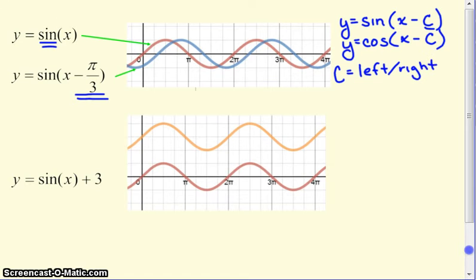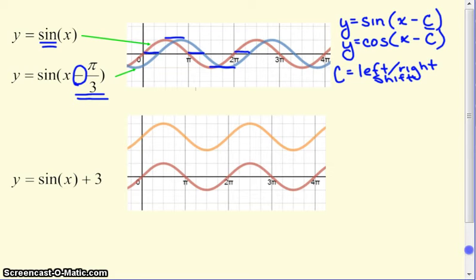You'll notice that when I look at that picture, my high point has shifted, my low point has shifted, where I cross the x-axis has shifted. Everything has shifted to the right. We subtracted pi over 3.